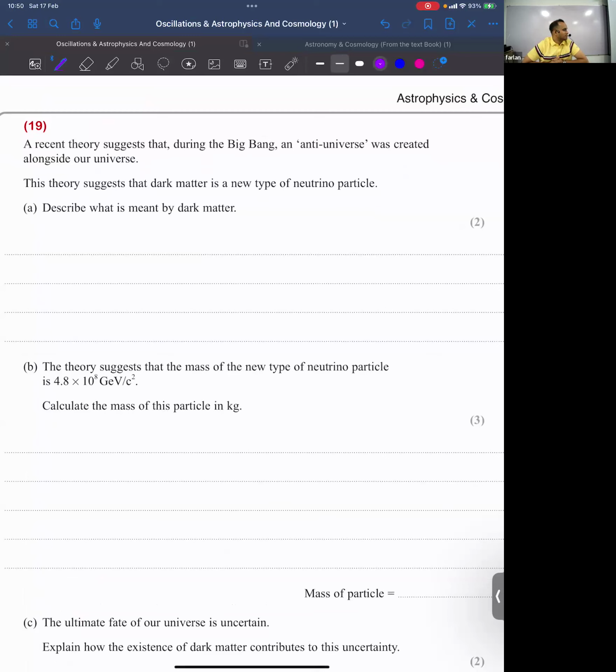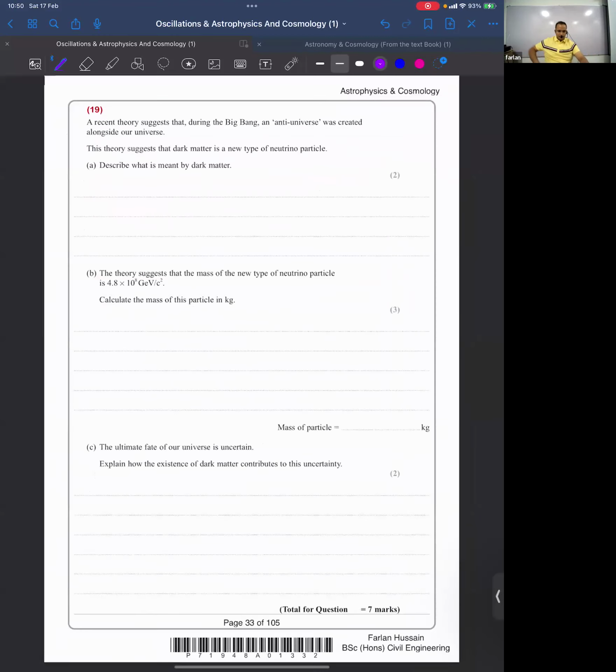This subject cannot have a short note, to be very honest. This is not a theory subject. Anyway, whatever the note that I have given is short. I haven't given stories and I haven't given anything unnecessary. I have always given exactly what is necessary. Right. Guys, page 33, question 19.